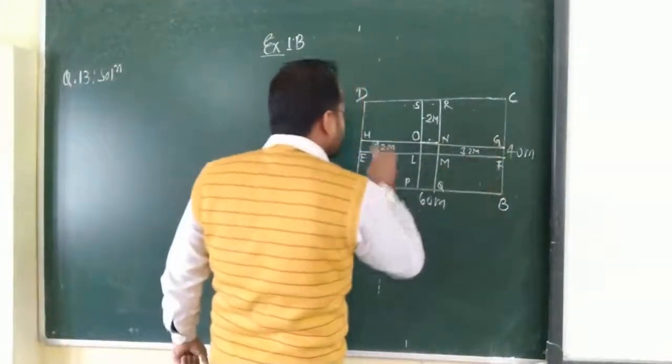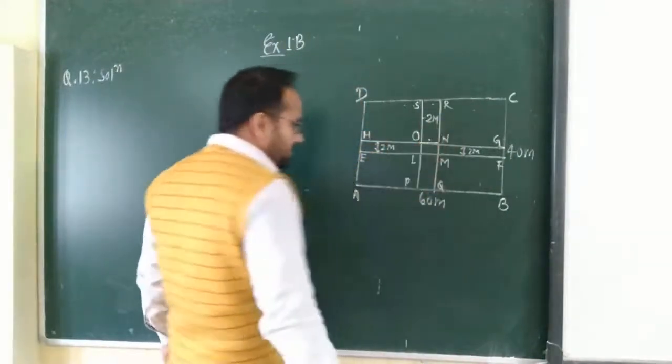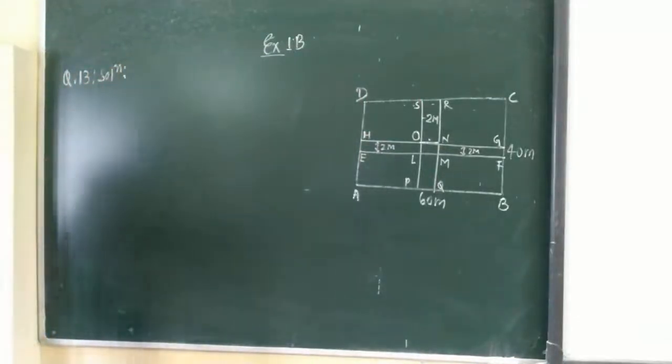E, F, G, H is the second road and this one is the first road, P, Q, R, S.